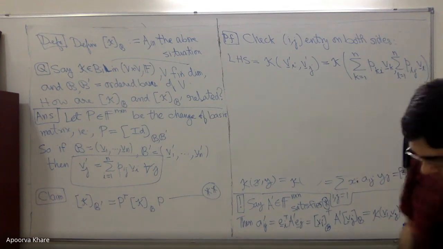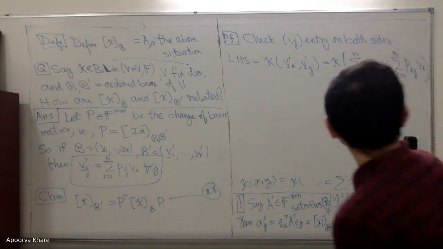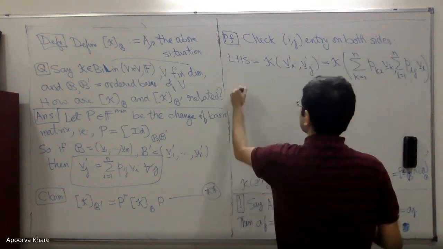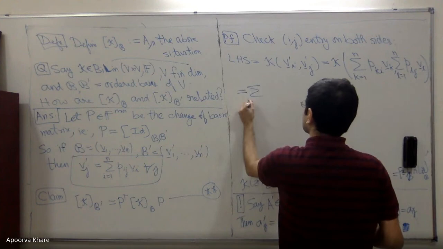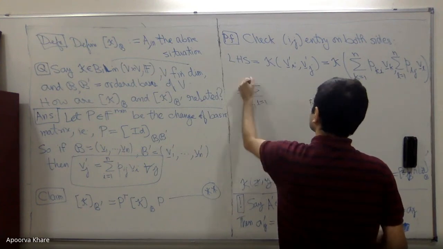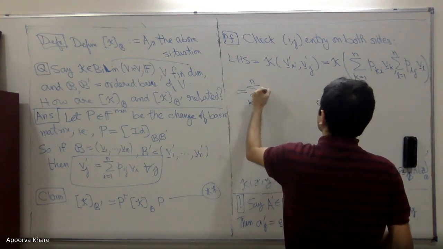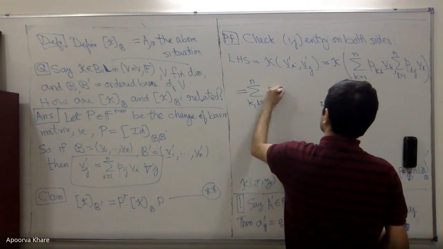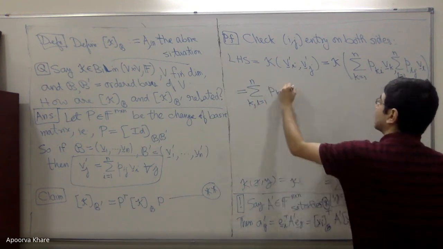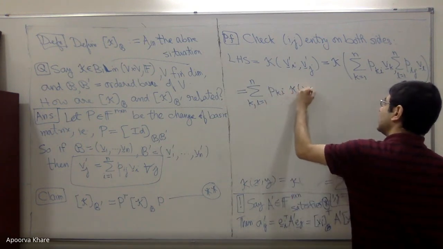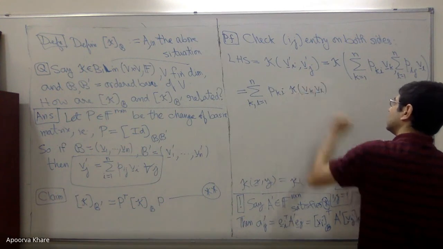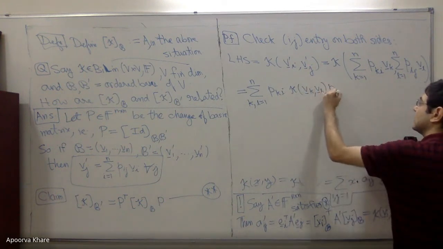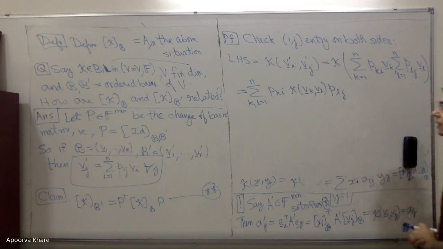Okay, great. That is the formula. Now it's bilinear, so I can expand this out. So it's the double summation k, l from 1 to n, P_ki kappa of v_k, v_l, and then P_lj.